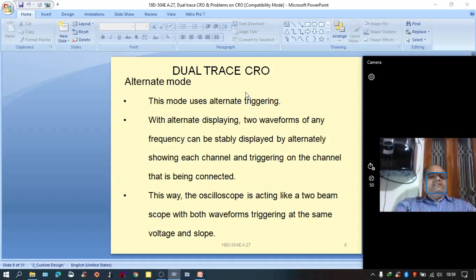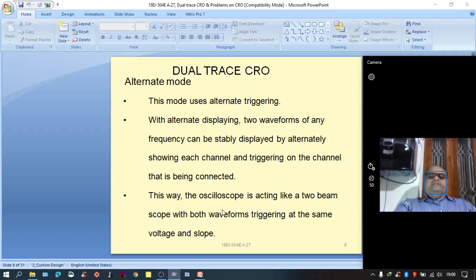When channel A is connected, the sweep would be connected to the signal for channel A. When channel B is connected, the sweep would be connected to the signal for channel B. That means it would sweep the beam corresponding to channel B, or it would sweep the beam that corresponds to channel A on the CRT or CRO screen.